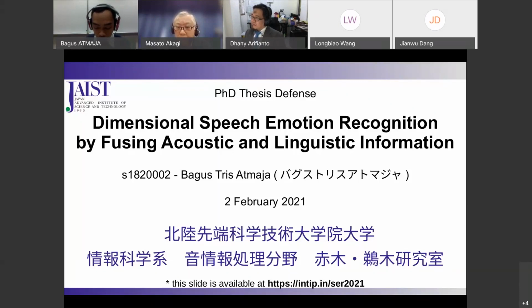And for the difference between machine learning and human perception, as I said in the presentation, that's the main problem why speech emotion recognition is difficult, because the labels are given by annotators, not by direct measurement.